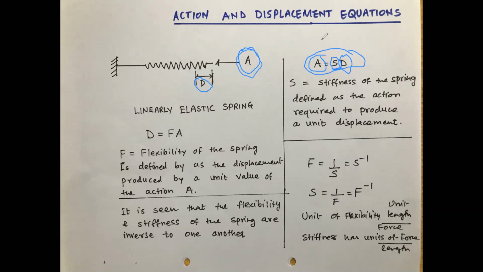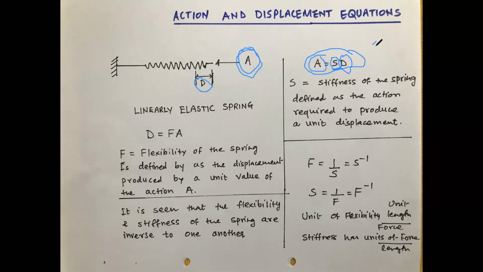So we can define, this is a spring equation. A, the force, is equal to minus kx. You can correlate this. The only thing is I have defined a different symbol here. A is equal to SD, where S is the stiffness of the spring. It is defined as the action required to produce a unit deflection. Now, what is the definition?